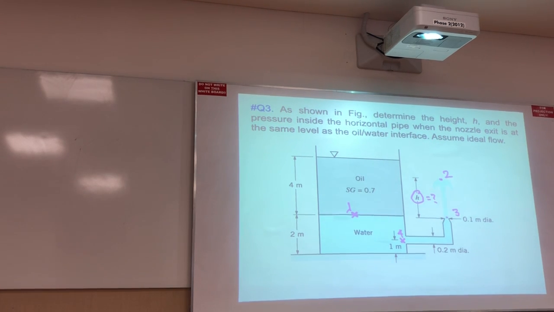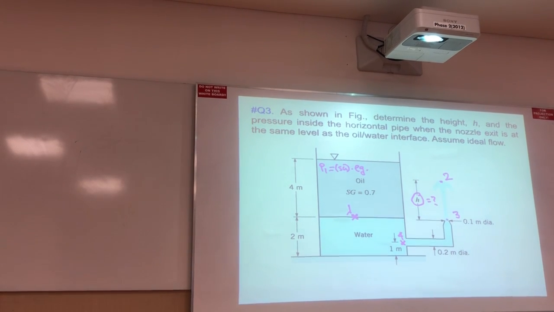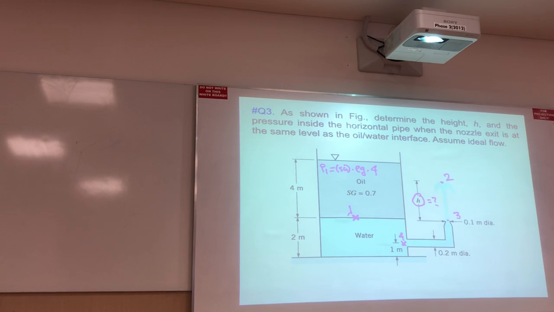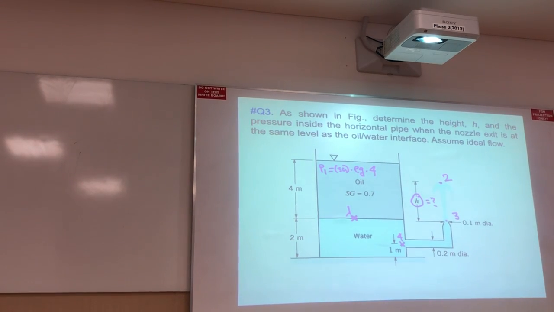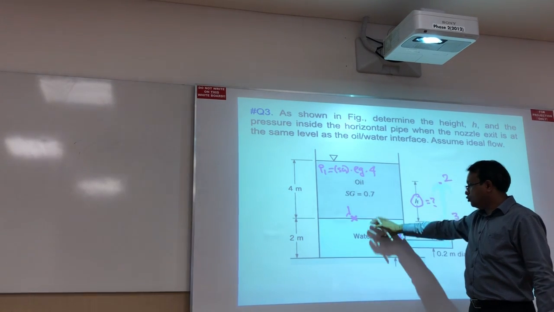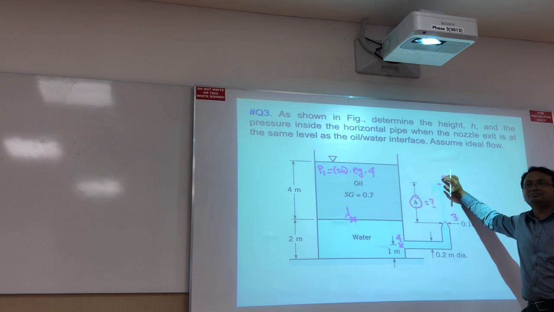Tell me. P1 becomes, atmospheric pressure is 0, specific gravity of oil, rho g of water, H is 4. Am I right? Very simple. This is rho water g. This one, rho g is here. I can calculate P1.